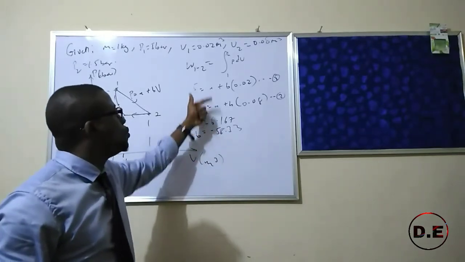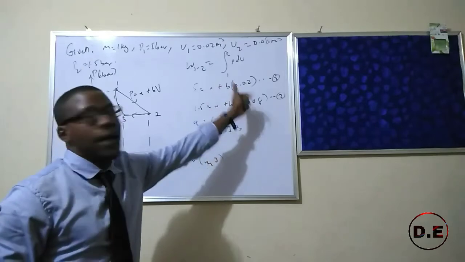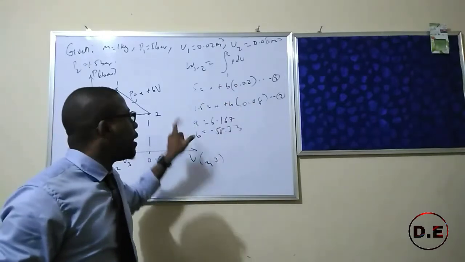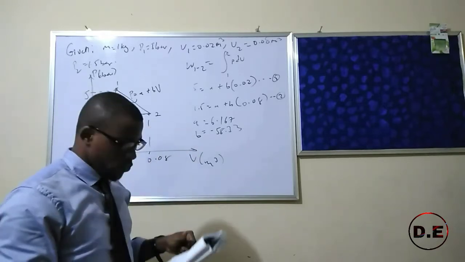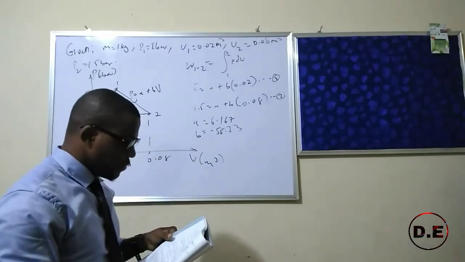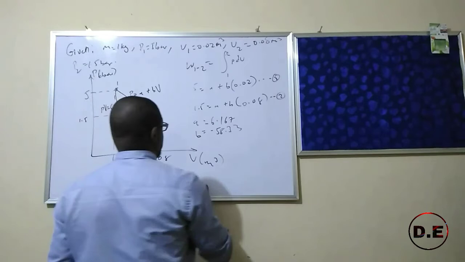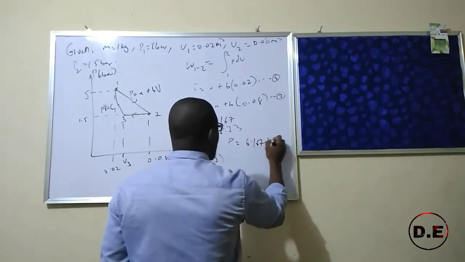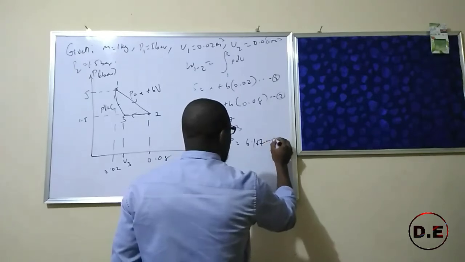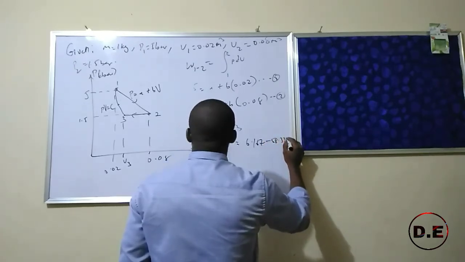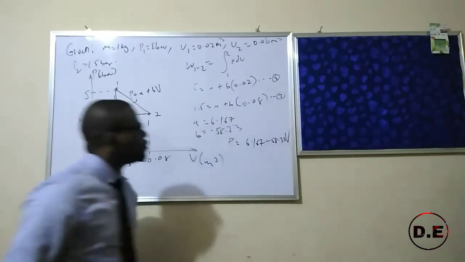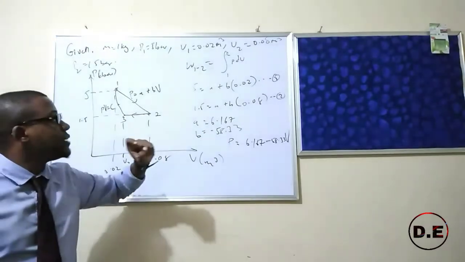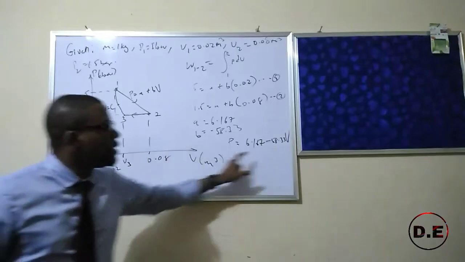So you knock out A and then find B, and from B find A. Noting these two solutions, we could now write the PV equation as P is equal to 6.167 minus 58.33 times V.